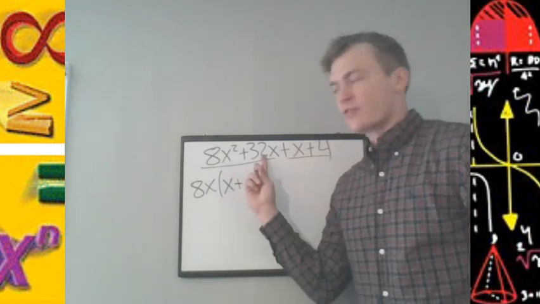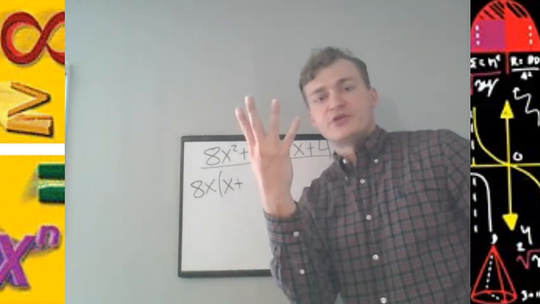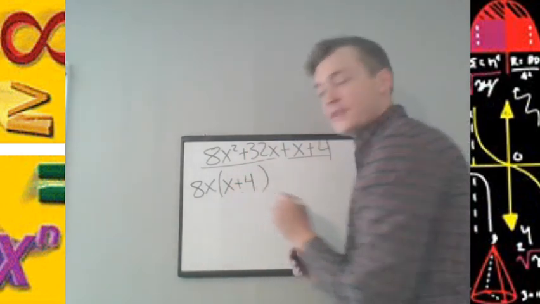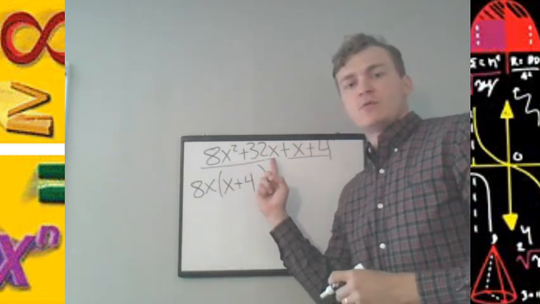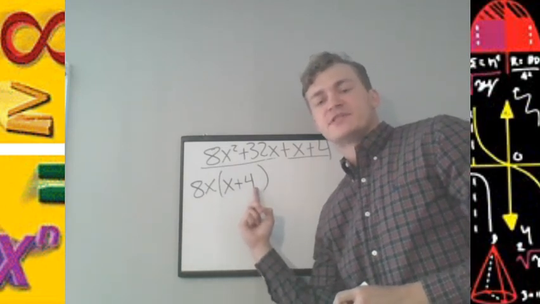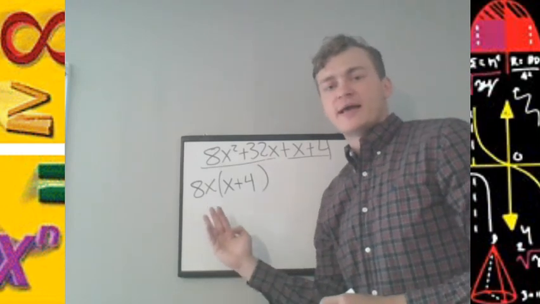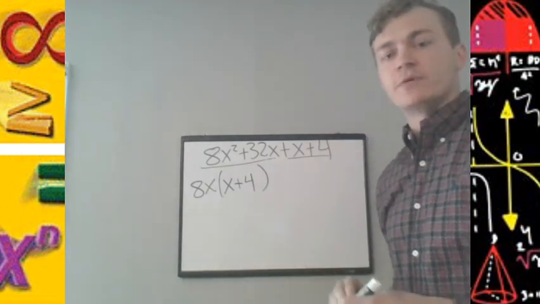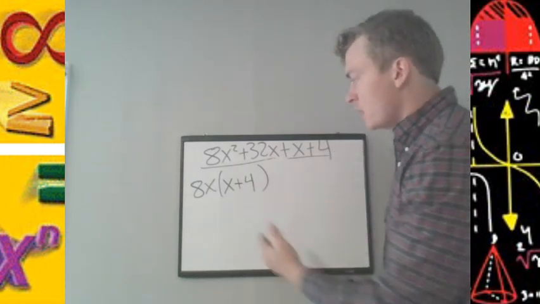And now 32 divided by 8, 8, 16, 24, 32, that's 4. Now the 32x divided by 8x, well, this factor of x here, it's right there. So there are no other factors of x for this second term, and that's it. I have 8 multiply x plus 4, and that will give us back the 8x squared plus 32x.